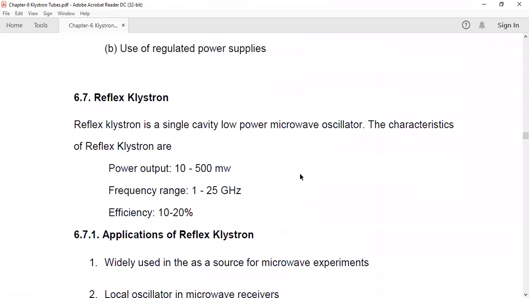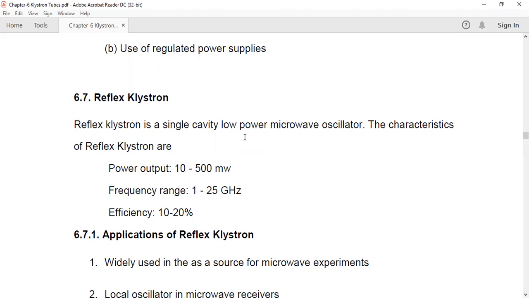Now another important one is the reflex klystron. The reflex klystron is a single cavity low power microwave oscillator. The characteristics of the reflex klystron are: power output is up to 500 milliwatt, frequency range from 1 to 25 gigahertz, and efficiency is 10 to 20%.